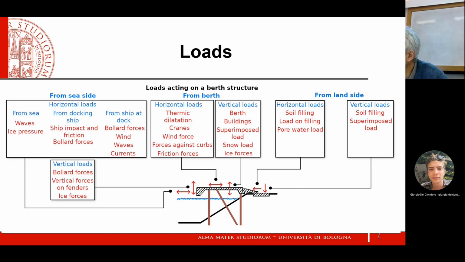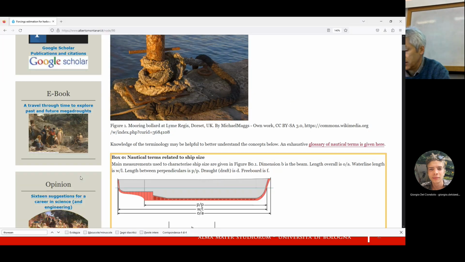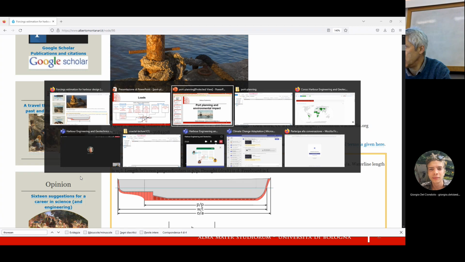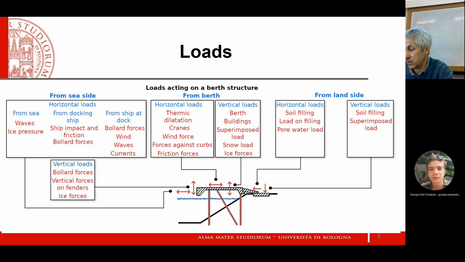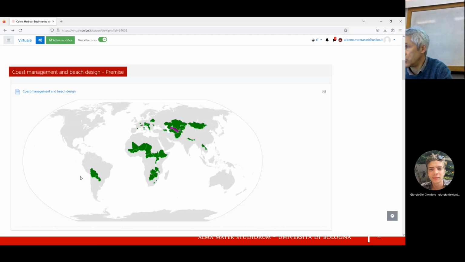Now let's look at the loads acting on the berth structure from the berth itself. The horizontal loads are given by thermal dilatation, and can be given by cranes. You know, the cranes are these big structures that are used to move the goods, and to make sure that we understand each other, let me get another web page.